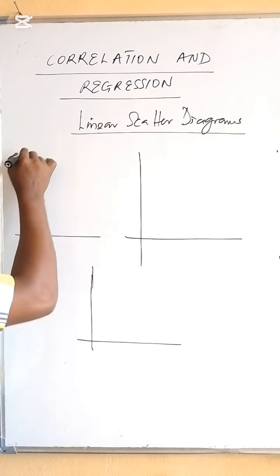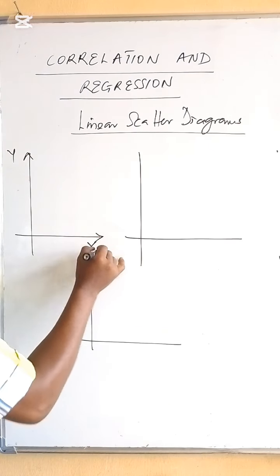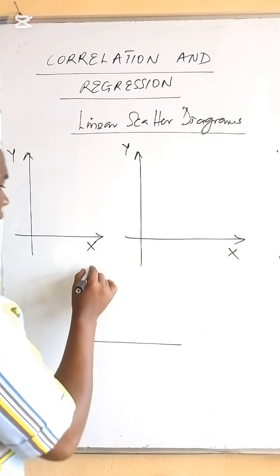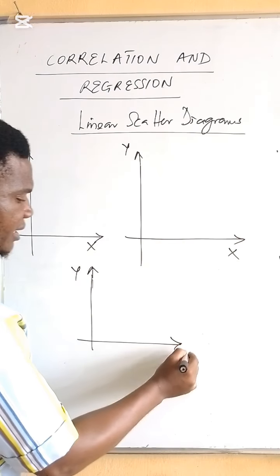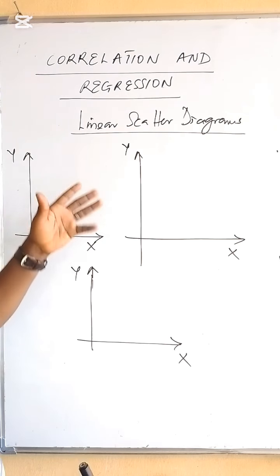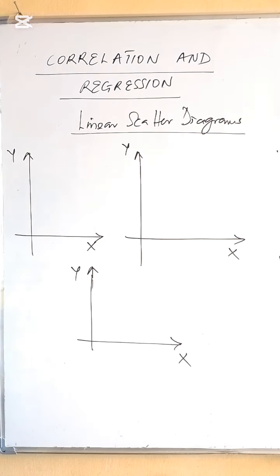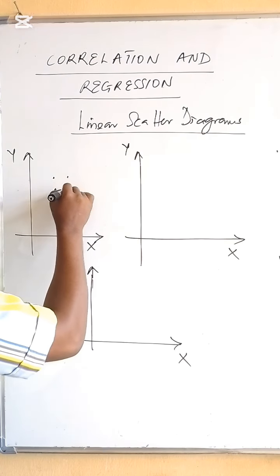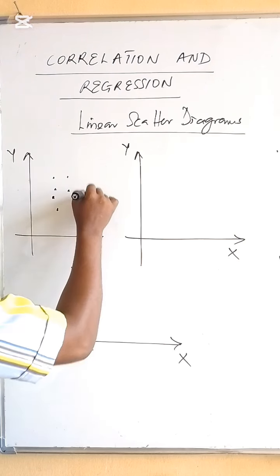So let's put this as y against x, y against x, y against x. So these are 3 different two-dimensional rectangular Cartesian planes. I'm going to put here now a plot. Let's see the first instance.